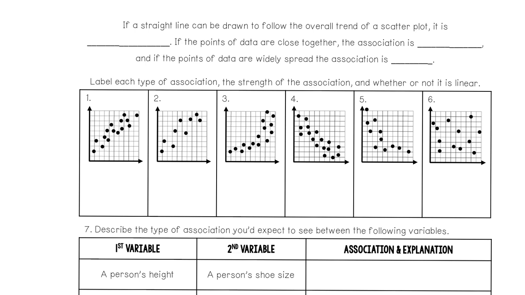So if you notice, some of these graphs kind of group the points together, right? If they're grouped together around what we would call a trend line or a straight line, this is what we call linear.